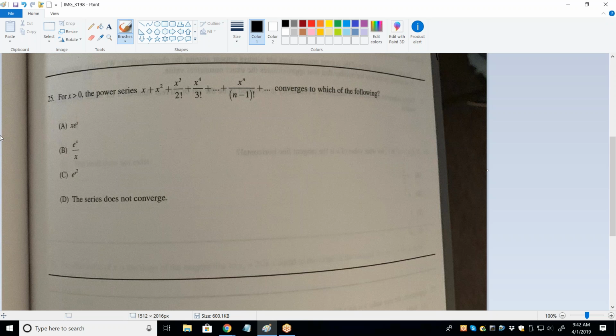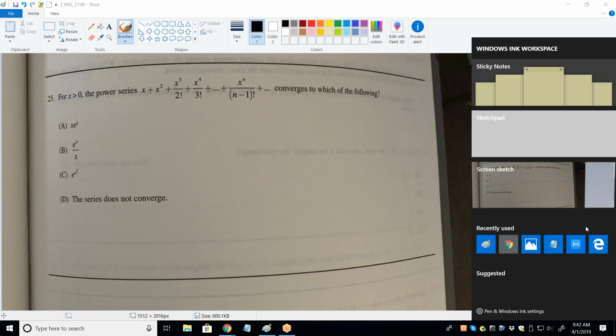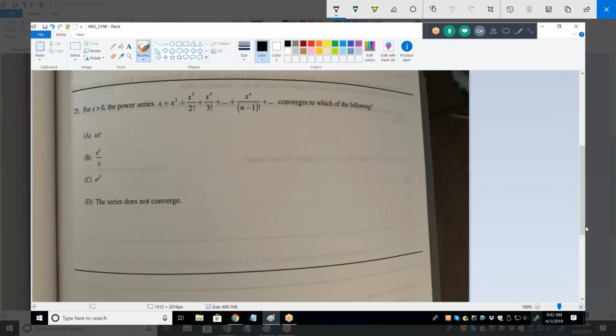That is not an answer, though. Here, let me look at it again. Oh, no. The power series for e to the x. Here, let me write it down because this will be useful. Hold on, let me get my writing tool up. So, e to the x converts to this power series.